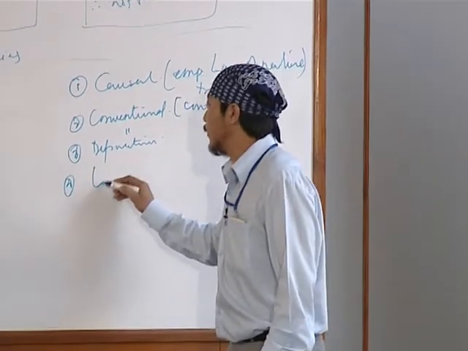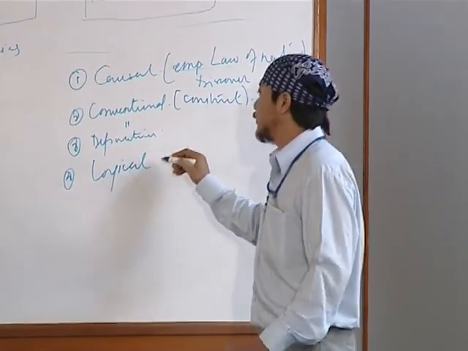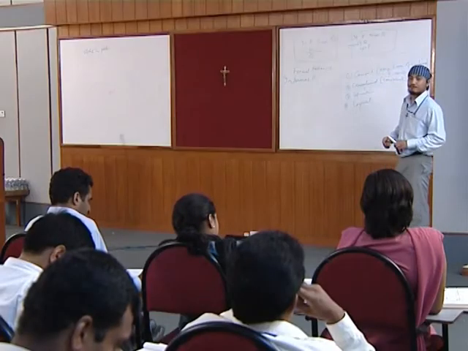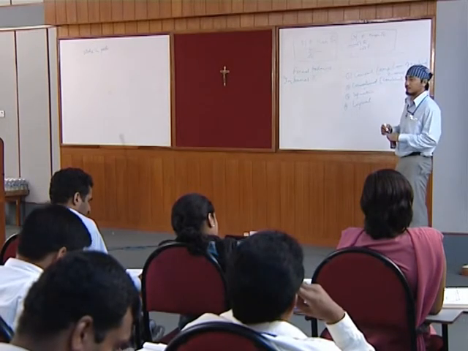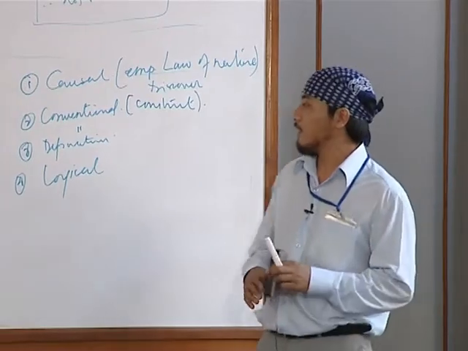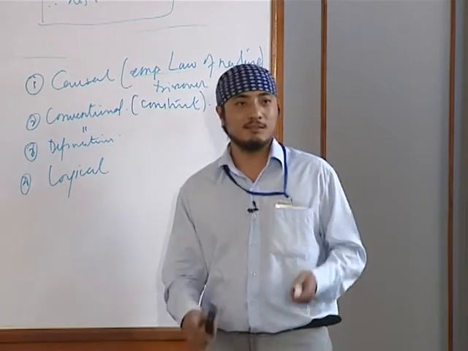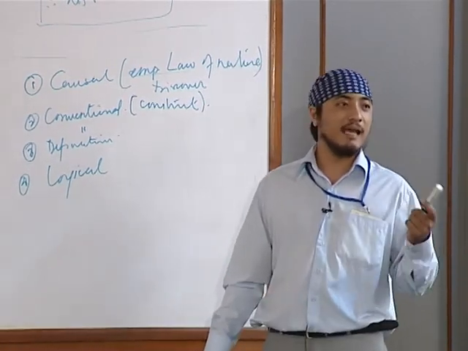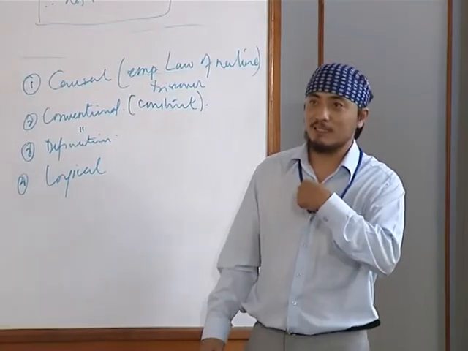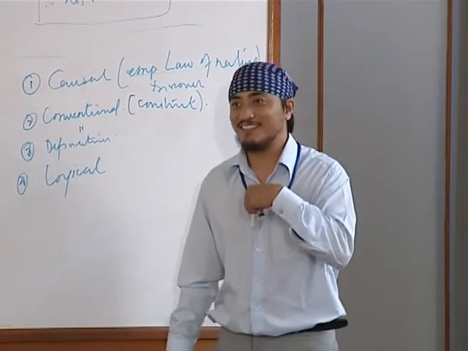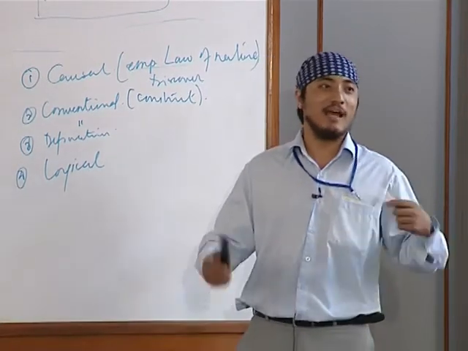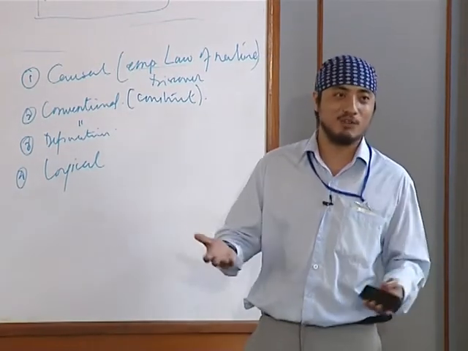Then you have logical. Logical if then. Okay? If something is, then something cannot be not is. That is, if I am, then it cannot be I am not. Because it is either I am or I am not. I cannot be both I am and I am not. Right?